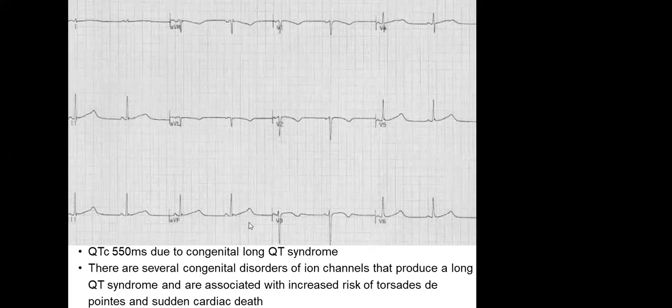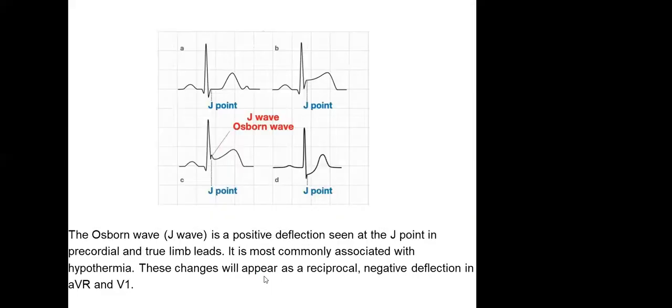They are also known as channelopathies, and they make the patient more prone to torsades, and thus ventricular fibrillation and sudden cardiac death.